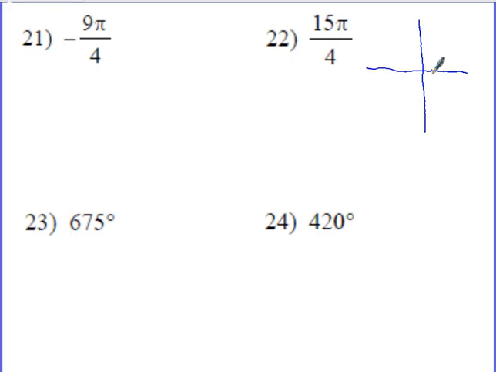It's going to be a positive angle, so I'm going to go this direction. That is what 15 pi over 4 looks like. Since it's a positive angle, I can use the rules just as they are. And this is going to be pi over 2. I'm going to use the radian rules, since the angle is given to me in radians.